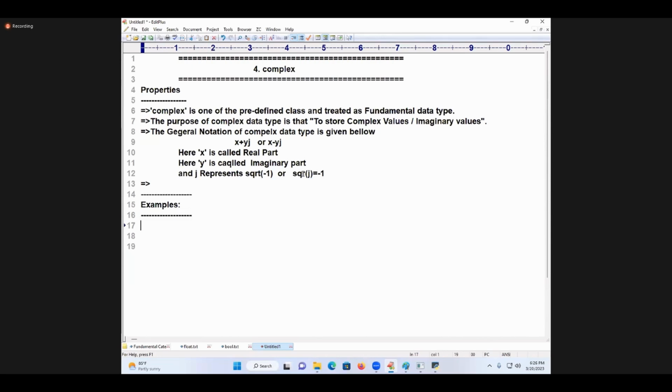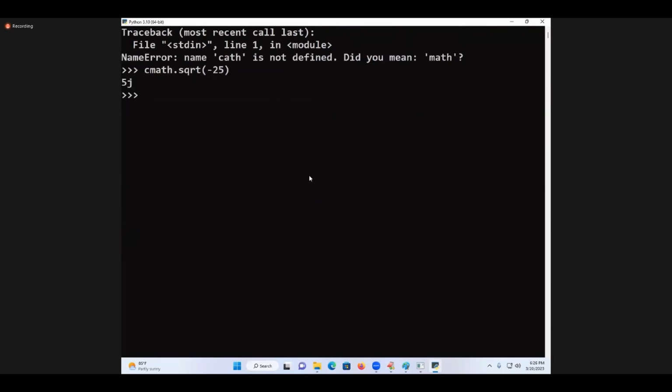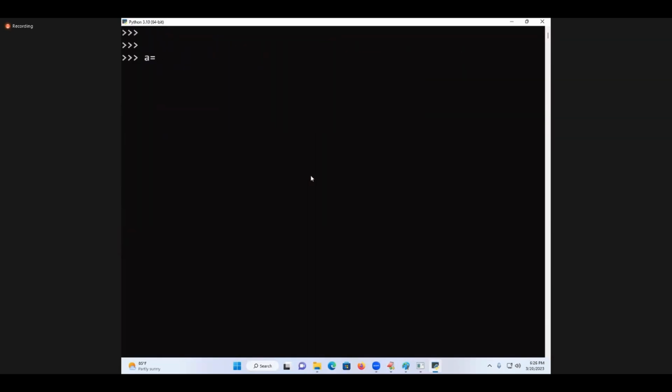See carefully here. Now A is equal to 2 plus 3j. Carefully follow, students. What is this A, comma, type of A? What is this 2 plus 3j? A complex literal. What is the type of it? Complex.